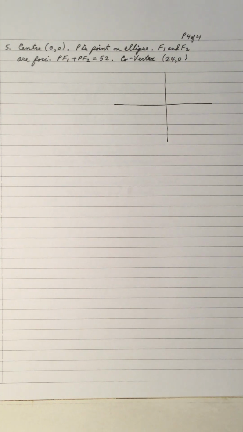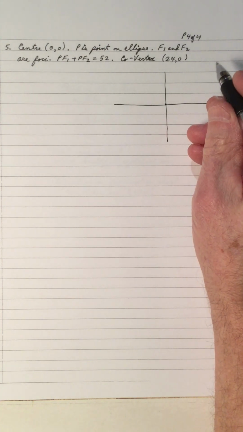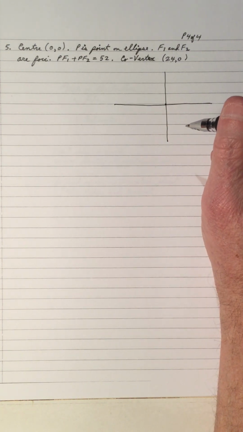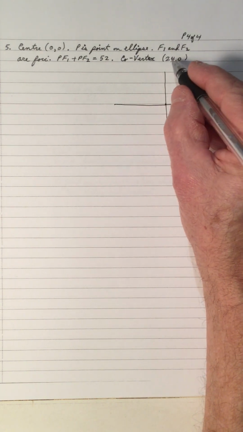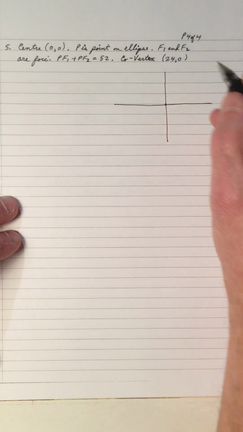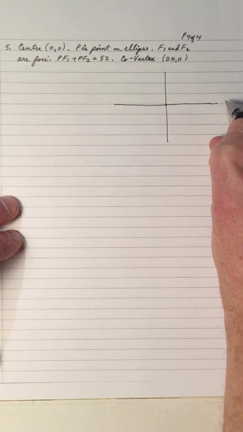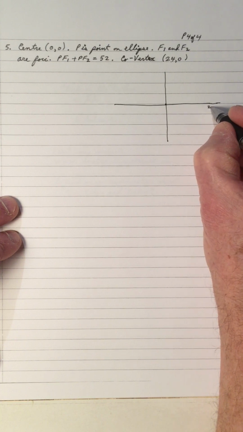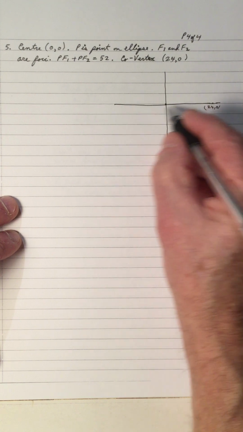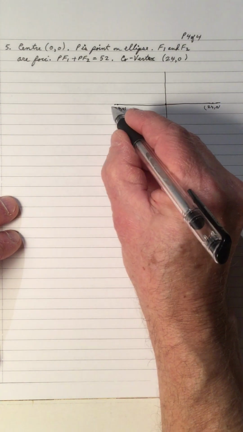So I see the center is 0, 0, okay. So that means the equation is x squared, y squared. Now, we've got one co-vertex at 24, 0. So let's put the 24, comma 0 right there. That means there's one on the other side at negative 24, 0.